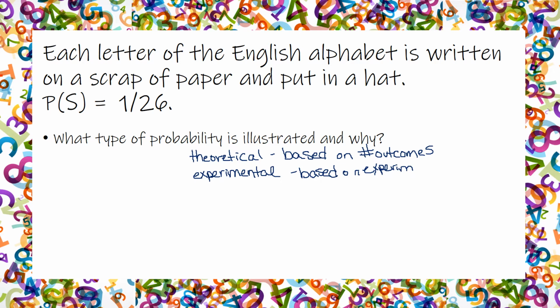So this one, if you've got 26 letters in the English language and you want to know the probability of getting an S, well, that's a 1 out of 26 chance. That would be the theoretical probability because it's based on the number of outcomes, not by what you actually get if you draw these out of a bag.